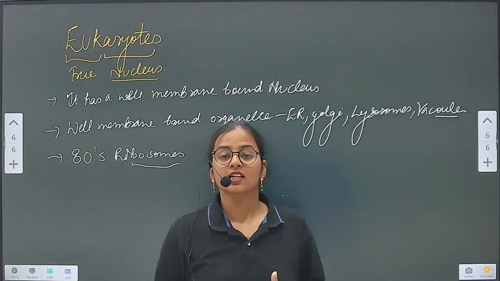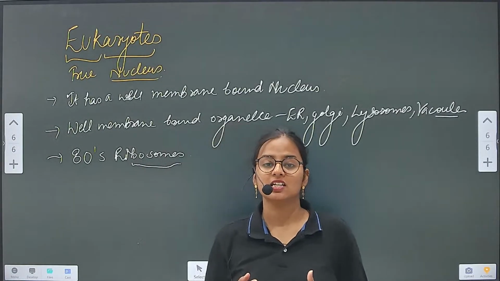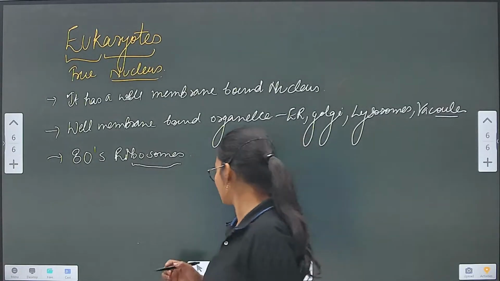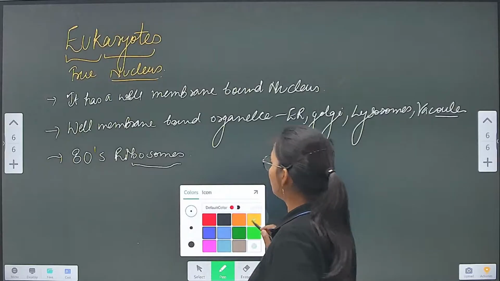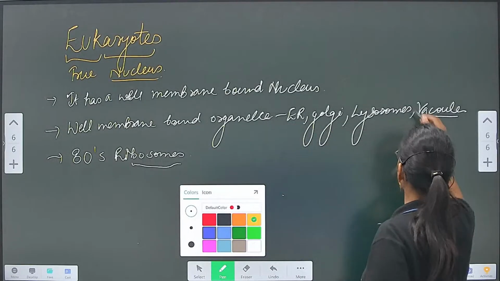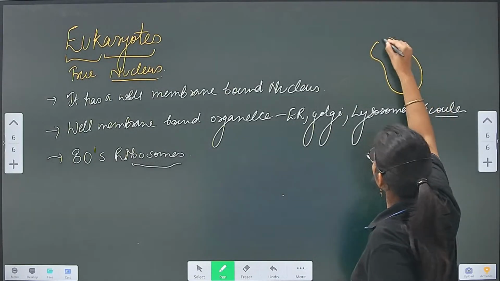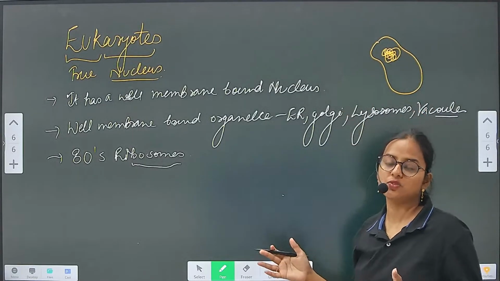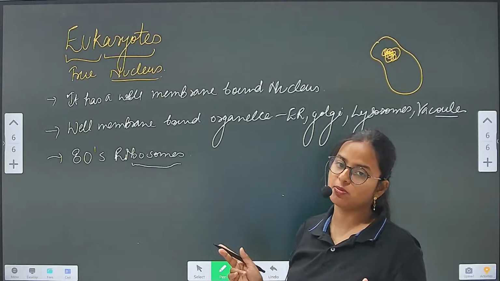Then in eukaryotes we will see a proper division of labor. As we saw, in a bacterial cell there was just a cell having its genetic material, and all the activity was performed by the plasma membrane or the cytoplasm itself.